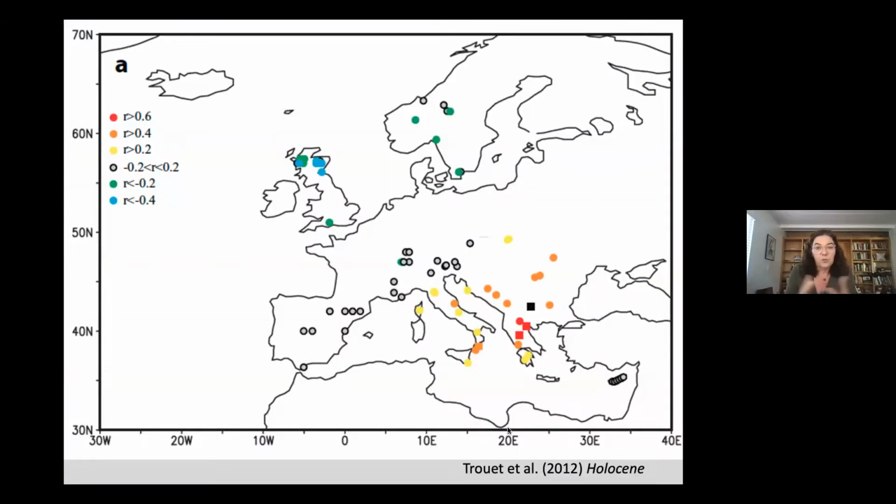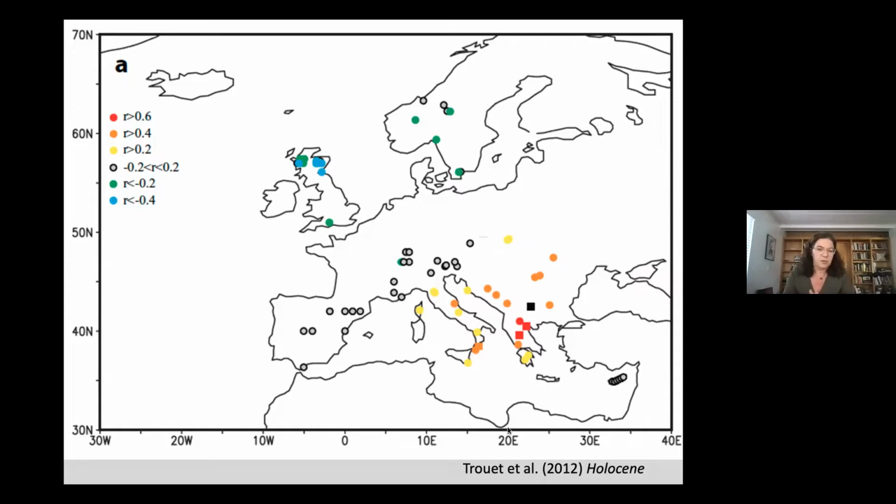And so when we published a temperature reconstruction, the black square there is our site in Bulgaria, this is a correlation map between the tree ring record from that site and other tree ring records throughout Europe. With the warm colors, red and yellow and orange, meaning positive correlations. And this is kind of what we expected.